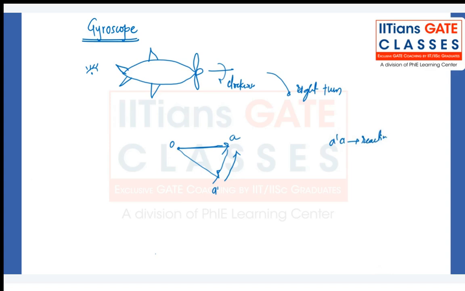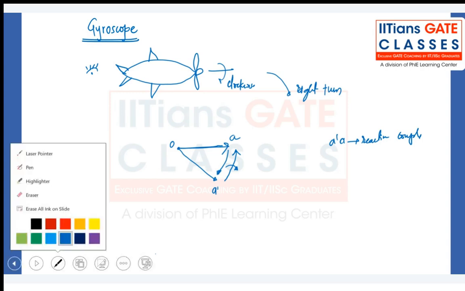Reactive couple. And then if you put your thumb in this arrow direction, this is how the effect will look like. So it is like this. Let me draw using the red pen.